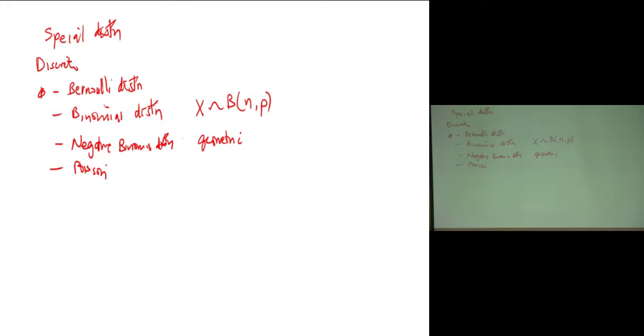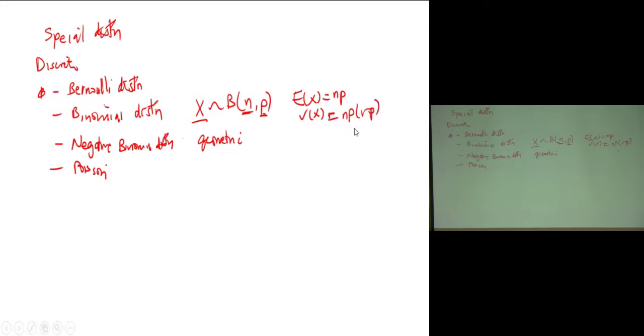That means each trial has only two outcomes, failure or success. Out of these n trials, the number of successes is represented by X, and the probability of success is p. Of course, you also have to know what all these parameters mean, and the relationship between them, such as the variance being np times 1 minus p.